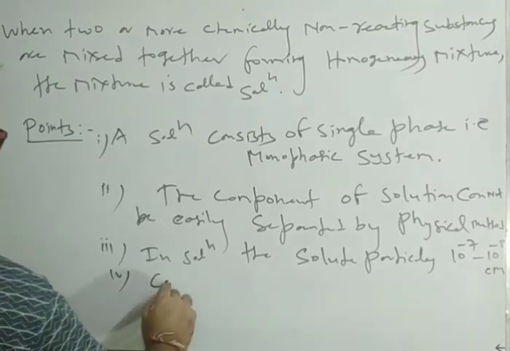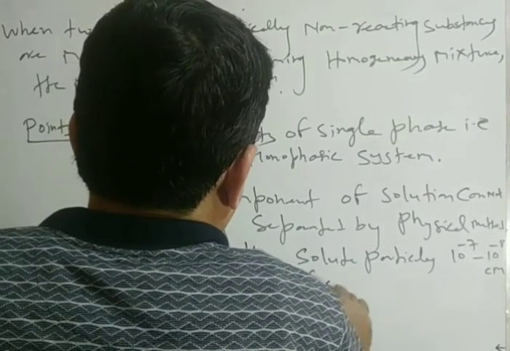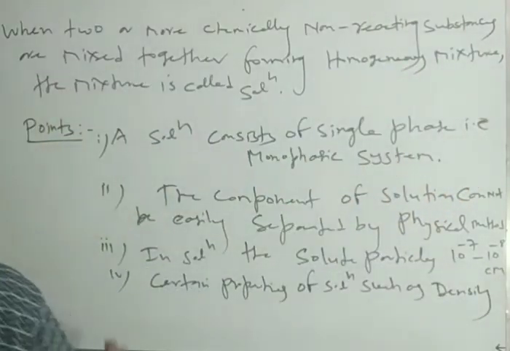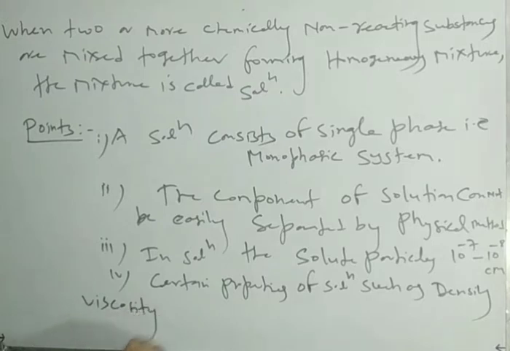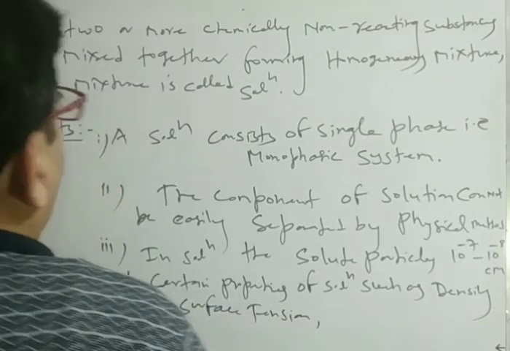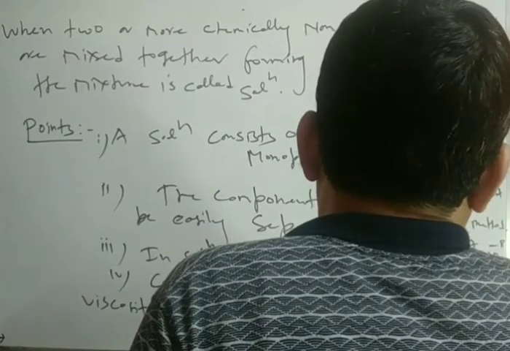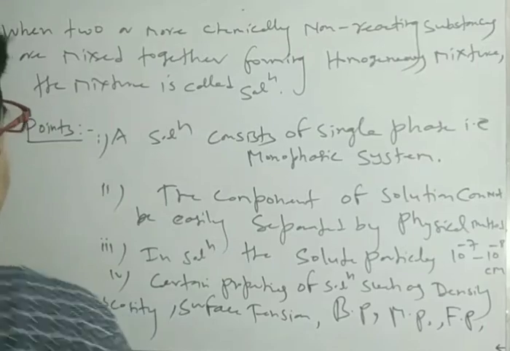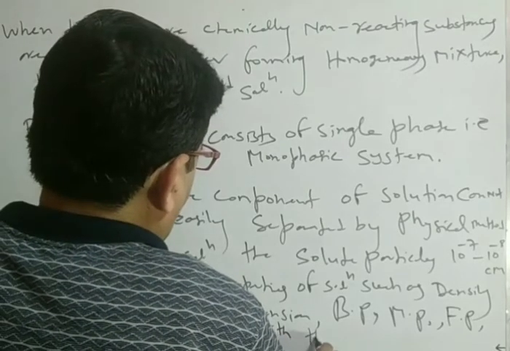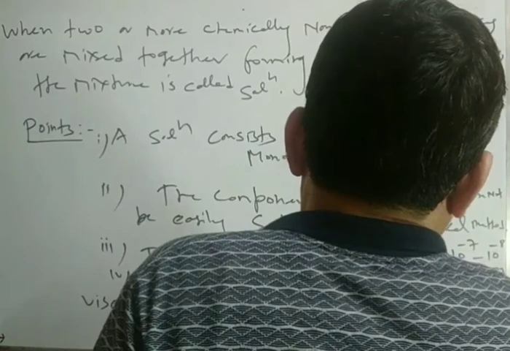Next one, certain properties of solution such as density, viscosity, surface tension, boiling point, melting point, freezing point, etc. vary with the composition of solution.